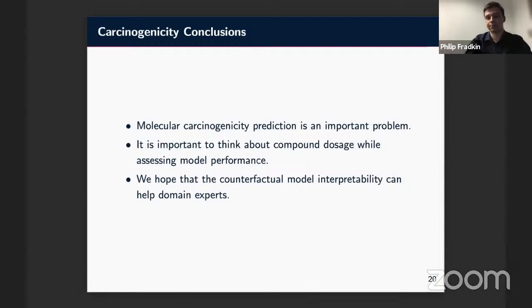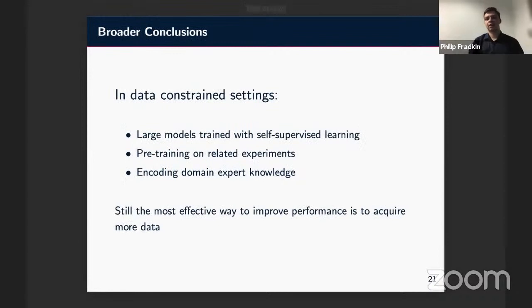And then in terms of broader conclusions, in data-constrained settings, as so many life sciences problems are, we found that large models trained with self-supervised learning, so transfer learning from these, could be helpful. Pre-training on related experiments, if they're available, could be helpful as well.